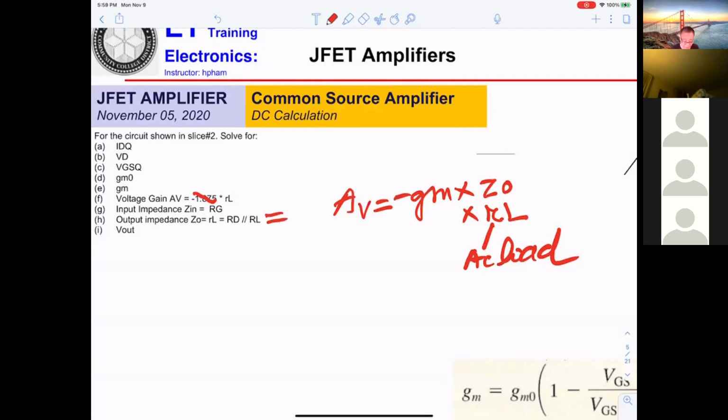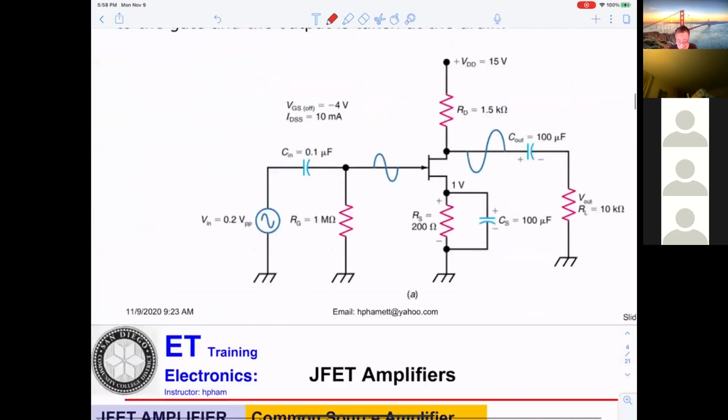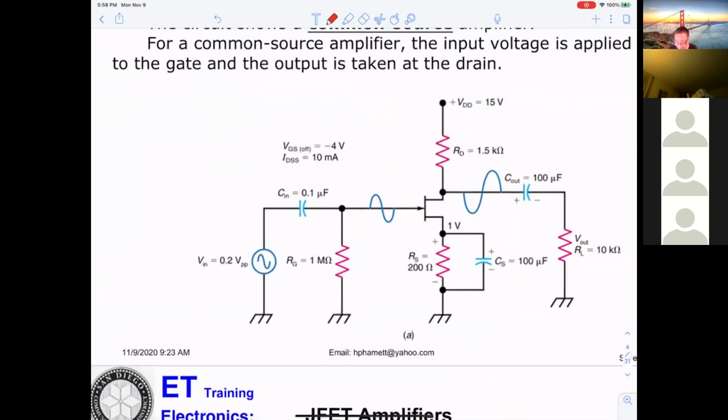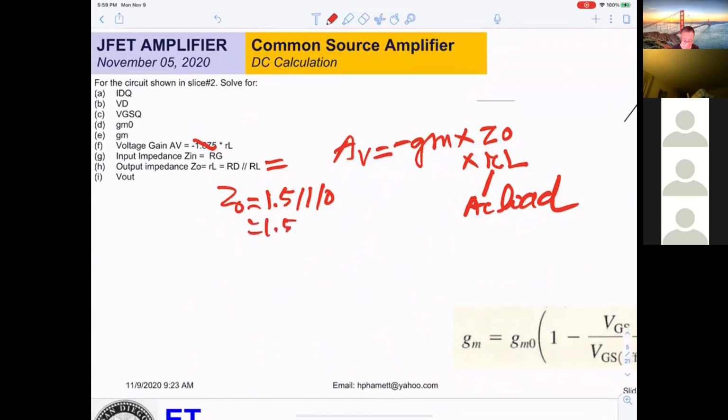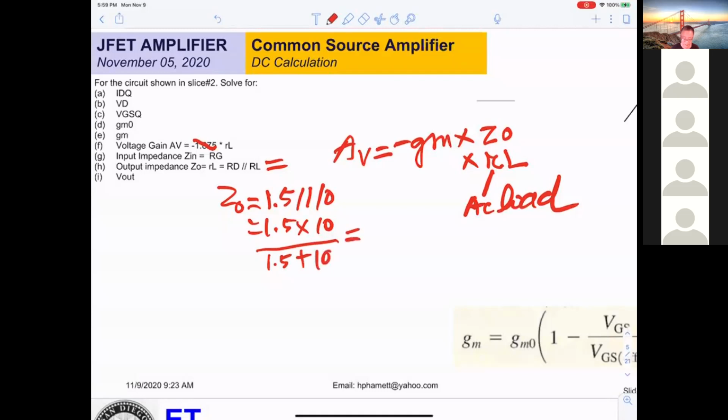Yeah, that's what you need in order to calculate the AV. r out will be equal to 1.5K parallel 10K. 2.875K.